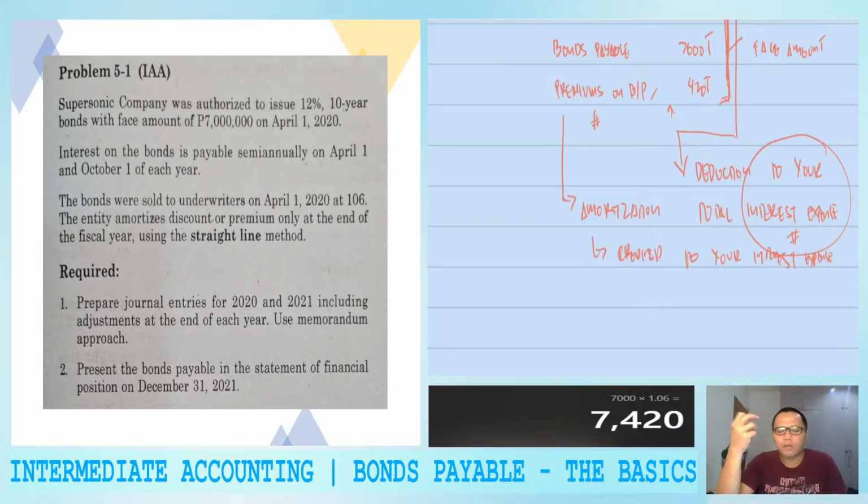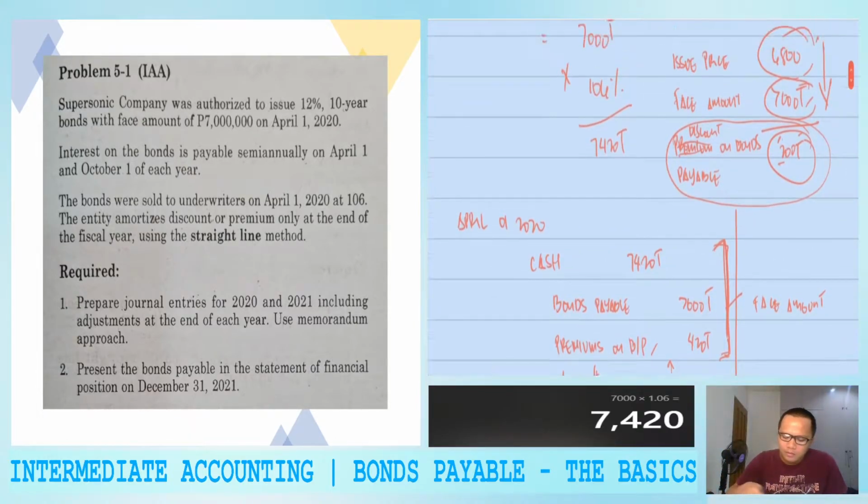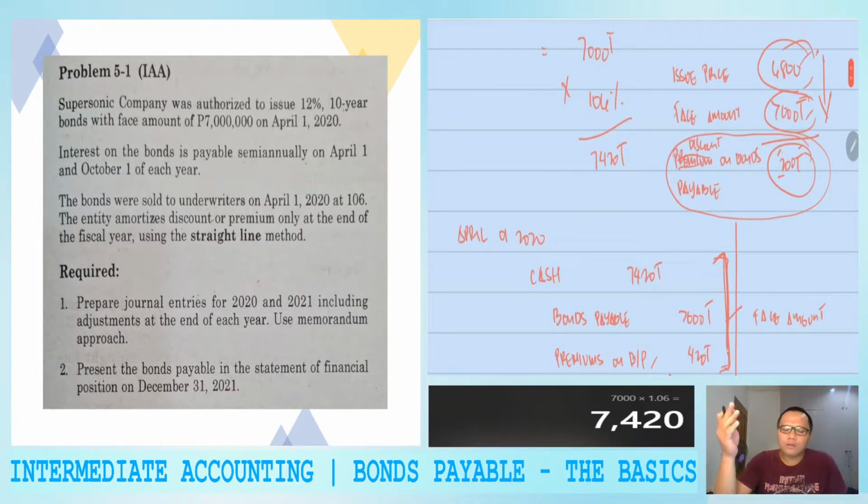Kaya binibenta niya at a lower price. The debtor is willing to receive an amount lower than what he or she or it may be paying. Okay, that is discount on bonds payable.